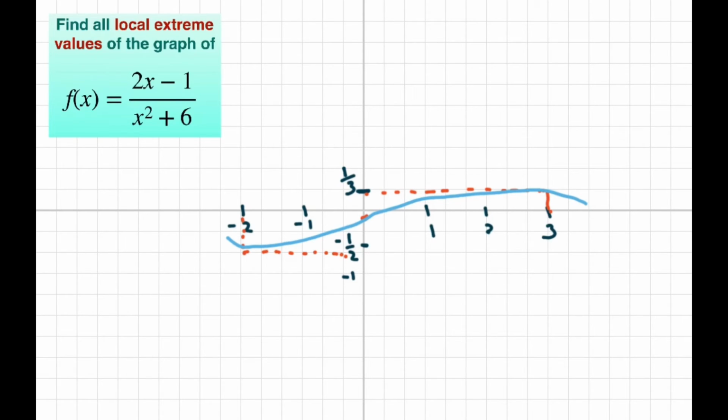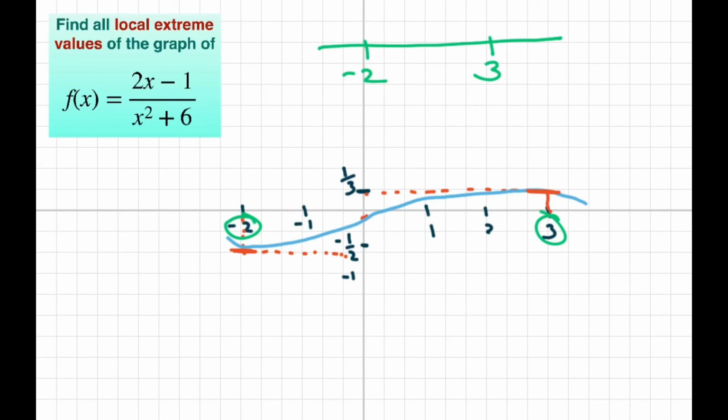So this is going to tell you this is where your local min is and this is where your local max is. But we still have to do this sign diagram. So we have x, we're looking at negative 2 to 3.